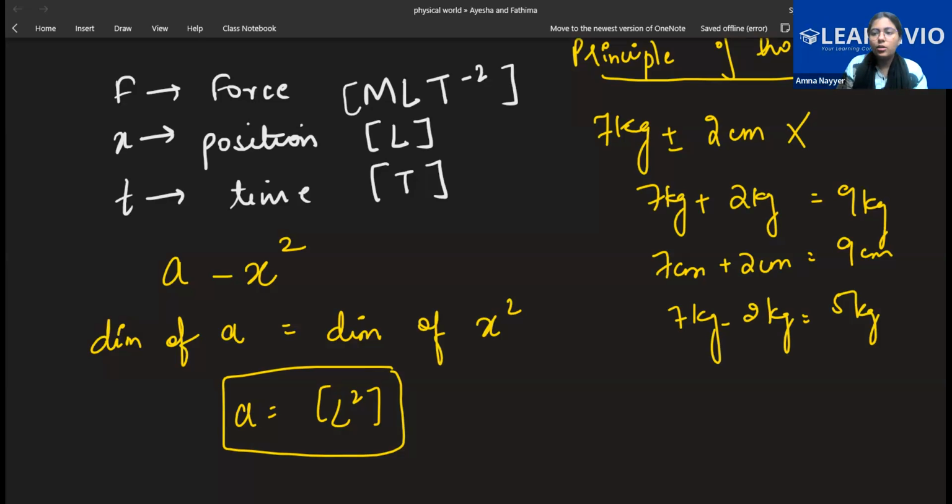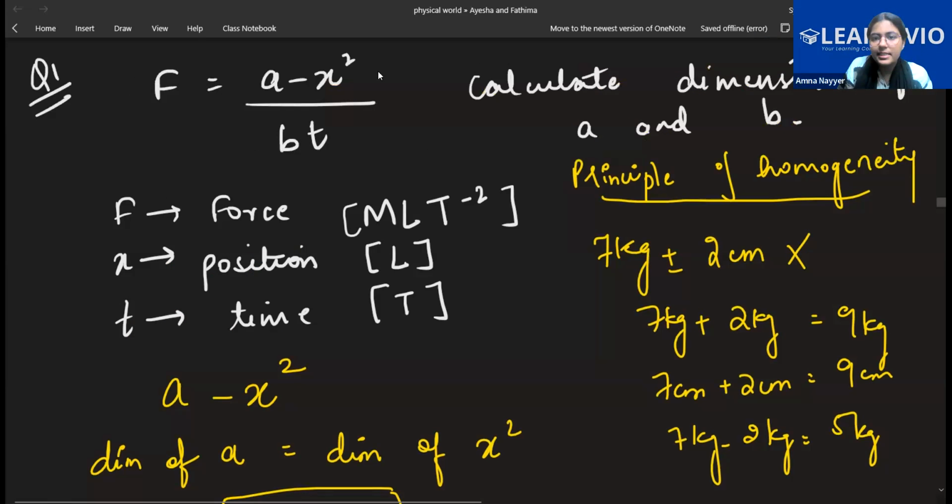Now for B, look at the question. This is A minus x square by bt. Now force we know, B we have to calculate, t is time. For A minus x square, you don't have to write L square minus L square. Look, when you have 7 kg minus 2 kg, does it get cancelled away?